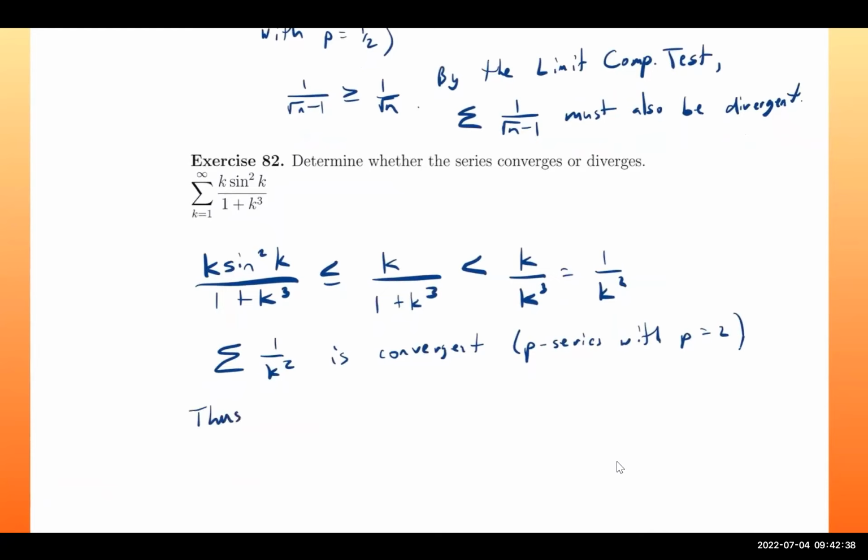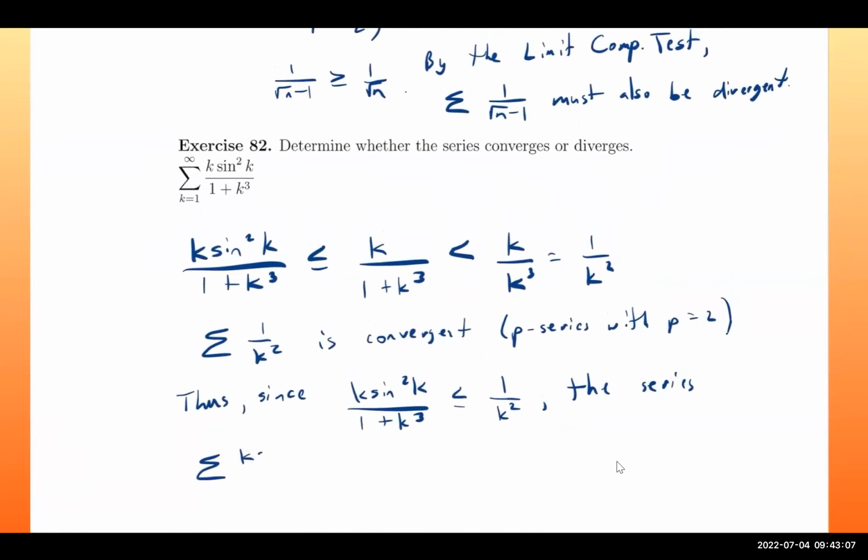Thus, since k sine squared k over 1 plus k cubed is less than or equal to 1 over k squared, the series k sine squared k over 1 plus k cubed must also be convergent by the limit comparison test. I'm sorry, by the comparison test.